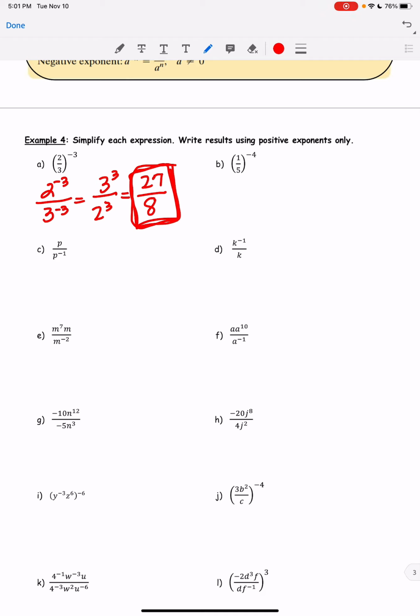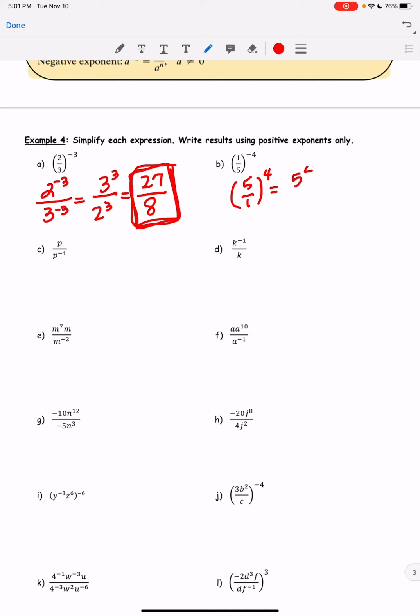Now the other way you can handle that is if you notice when I had this as a negative, the 2 went down and the 3 went up. So what you also could do is because this is negative here, we can change this and flip that fraction to 5 over 1, and then that's all to the 4th power. Now that I've flipped everything, I can change this exponent to positive.